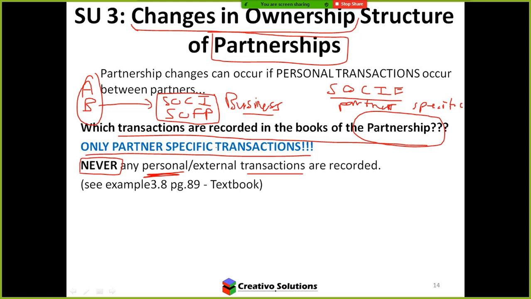If it's separate, it's personal. It's not business. If it's business, then it's recorded in the books of the business. Right, so when I had a SOCI, and when interest was charged on a partner's account, was that a partner-specific transaction?